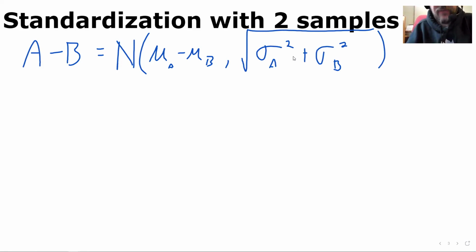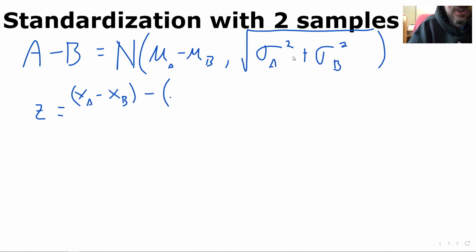So I can standardize that to z equals, well, everything in A minus B is, I'm going to call it XA and XB, right? So this is XA minus XB, because that's one element of A minus B. It's something in A minus something in B, minus the mean.